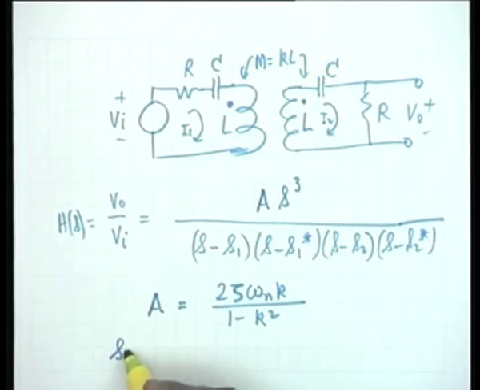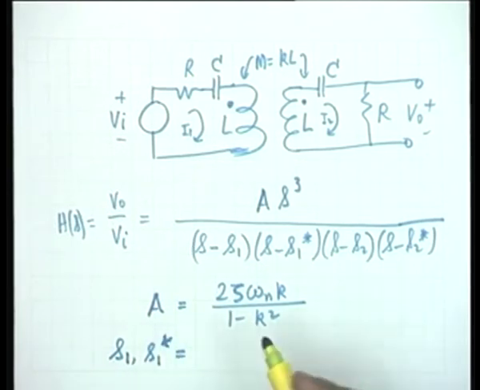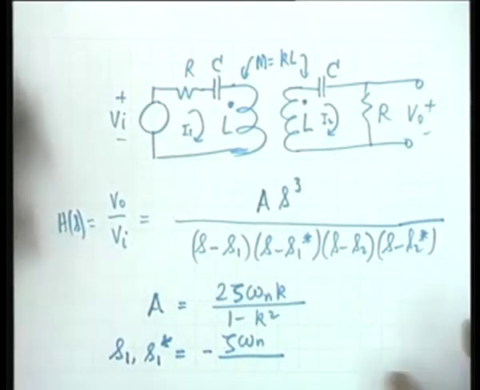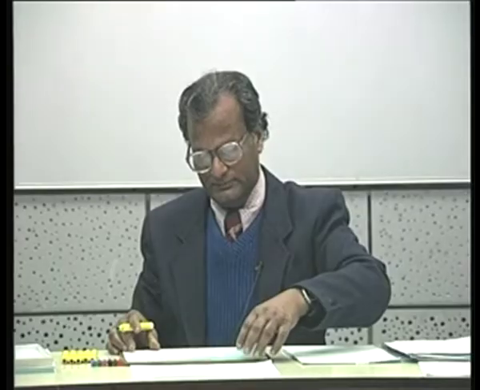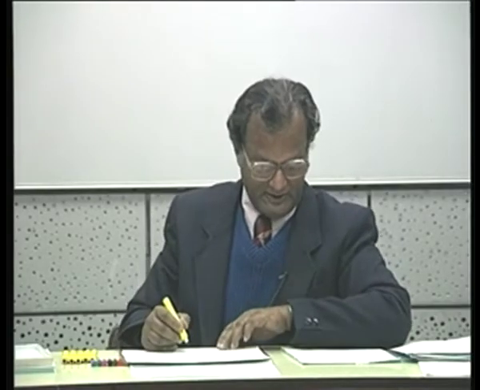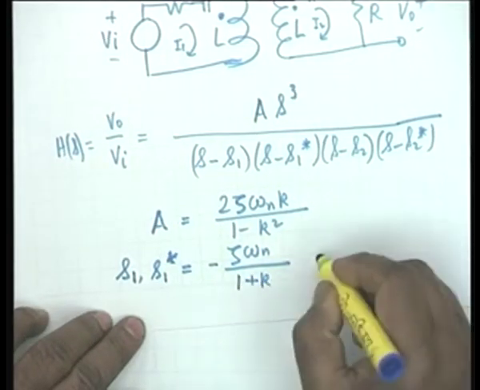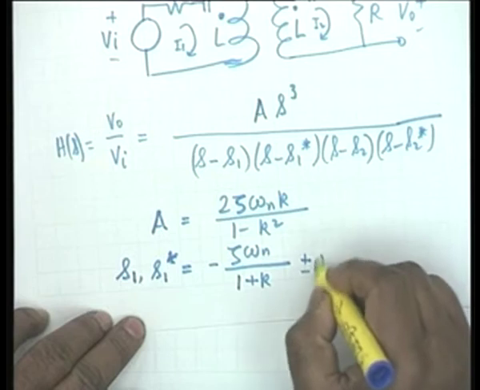and S1, S1 star was equal to minus zeta omega n divided by 1 plus k, plus minus j omega n.